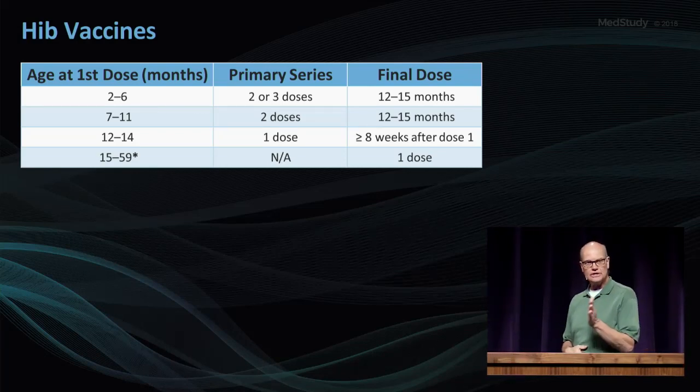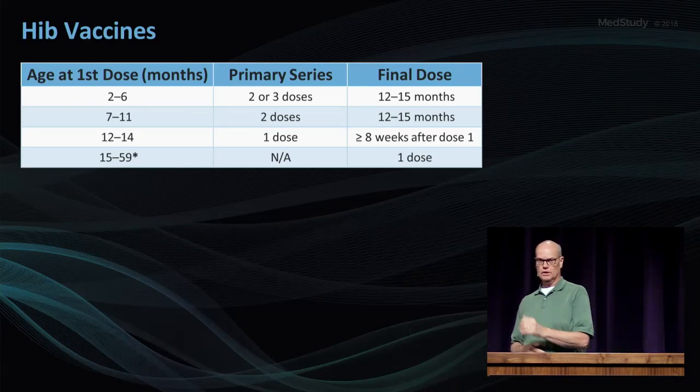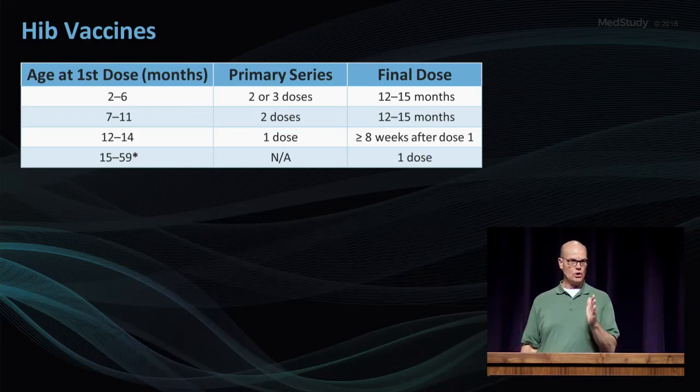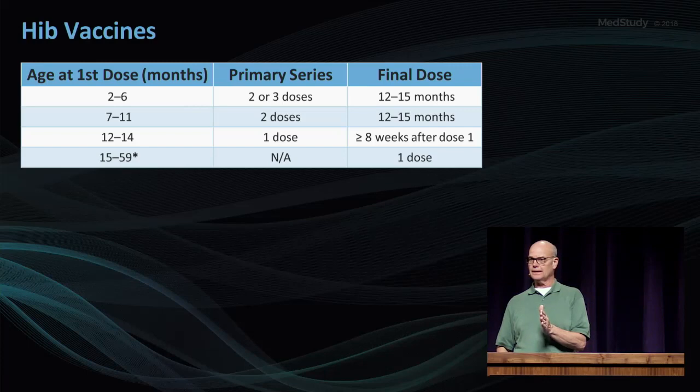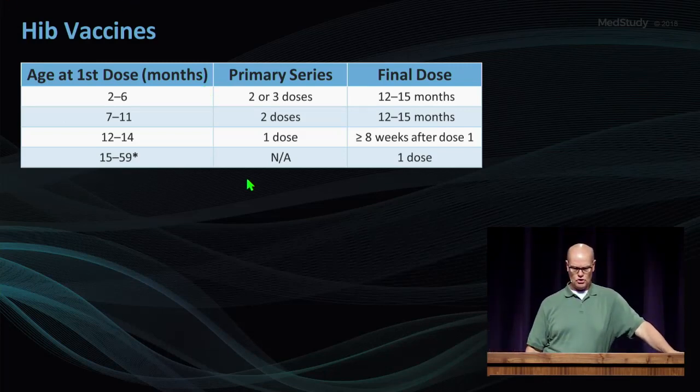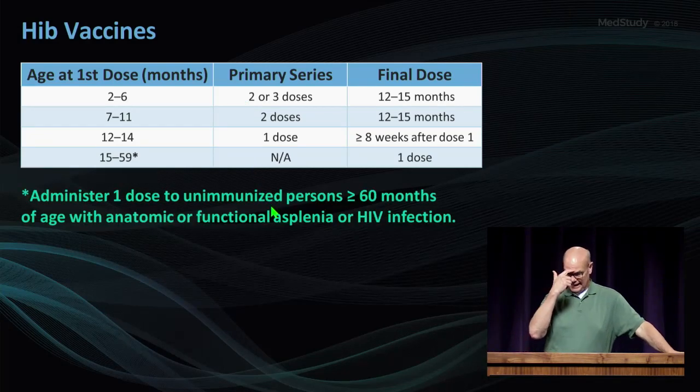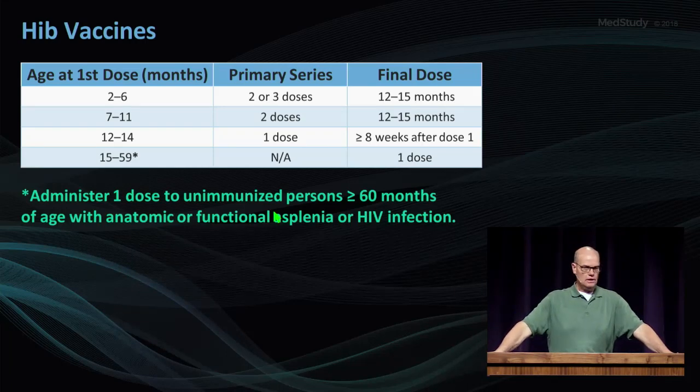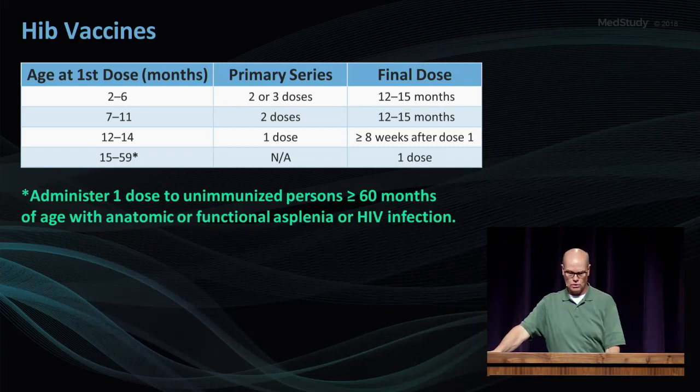Or again, an internationally adopted child who is somewhat older. So both Hib and, like we'll talk about in a second, Prevnar, PCV13, require fewer doses as the child grows older. And for individuals older than 60 months, the only ones that need a Hib vaccine are those with an underlying immunosuppression or who are asplenic, either functionally or anatomically.